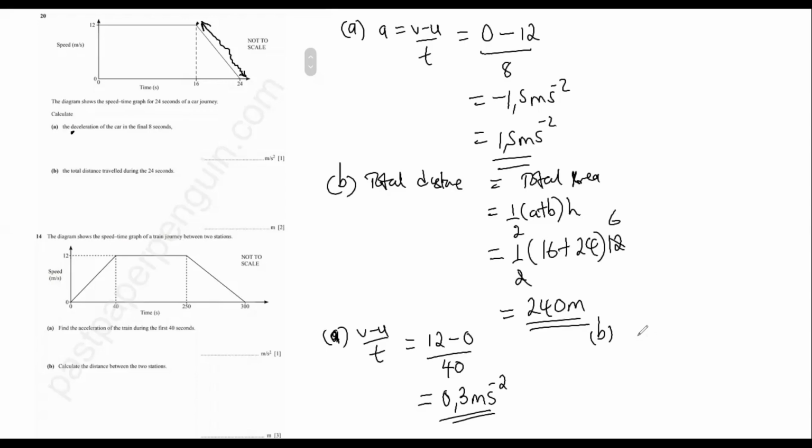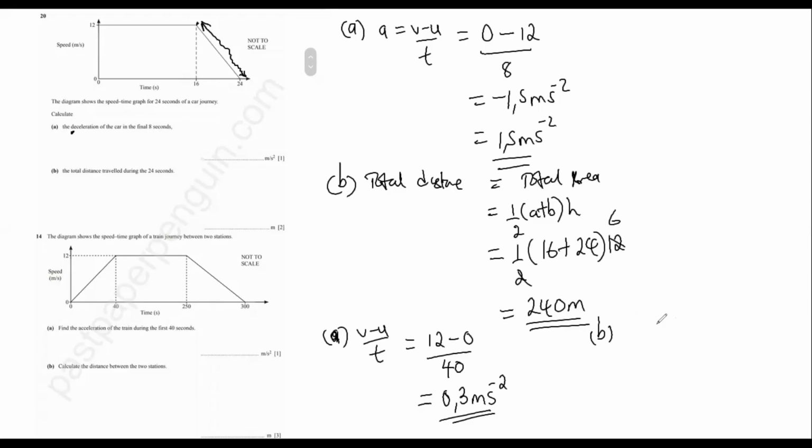The total distance is equal to the total area of the graph, what's under the graph. So we have a shape A, B, and C where A and B are triangles and this is a rectangle.